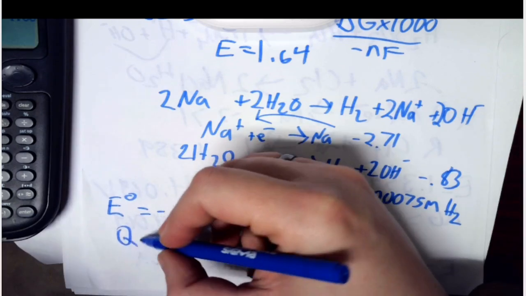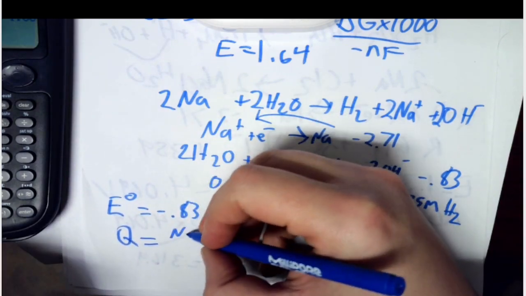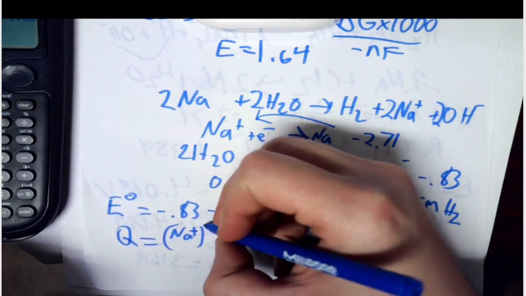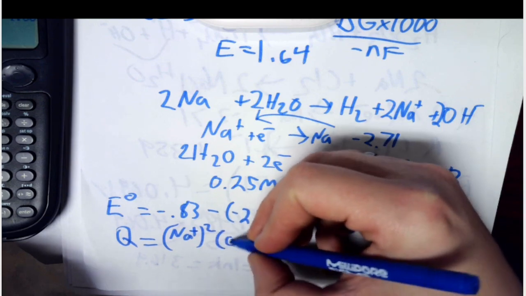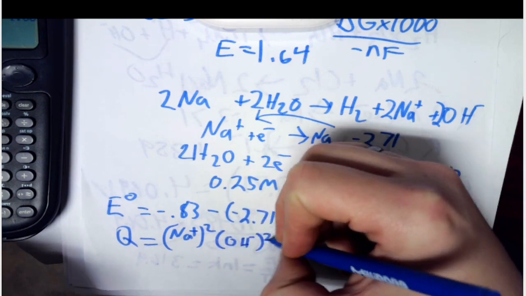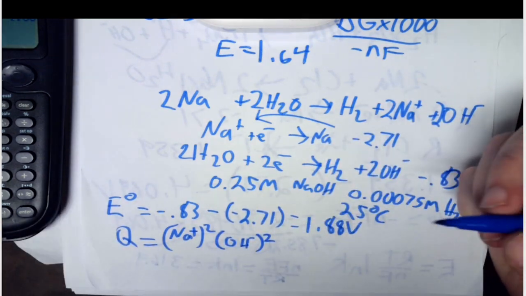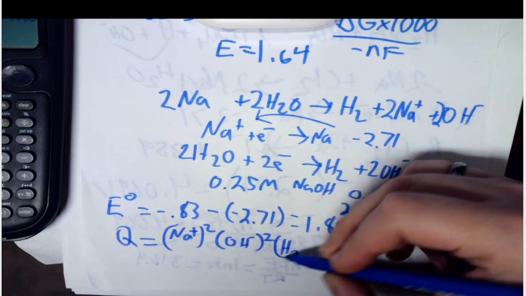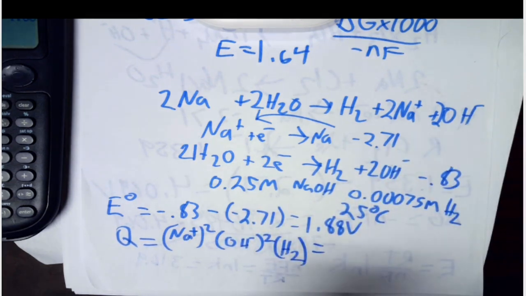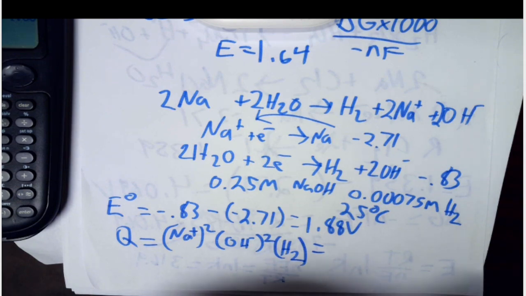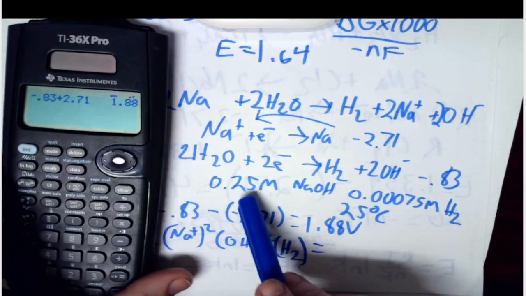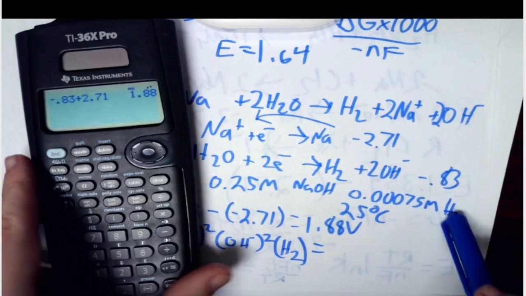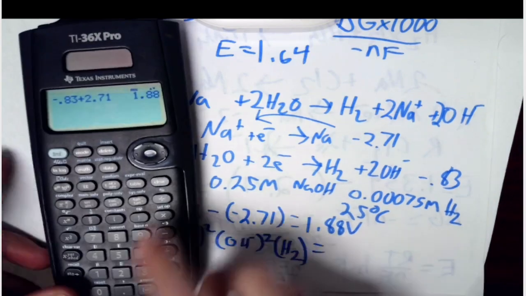Now our Q is going to be Na plus squared, OH minus squared, and H2. So I'm going to plug in our numbers. We have 0.25, 0.25, and 0.00075.